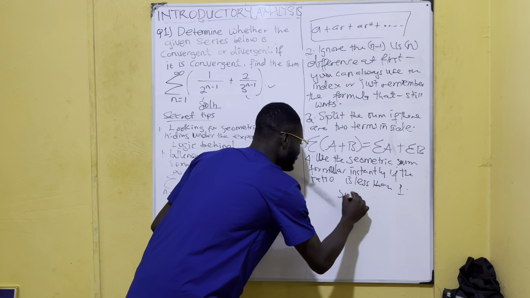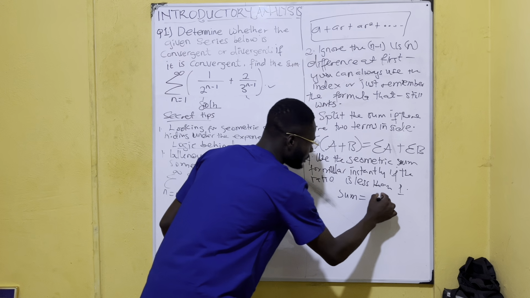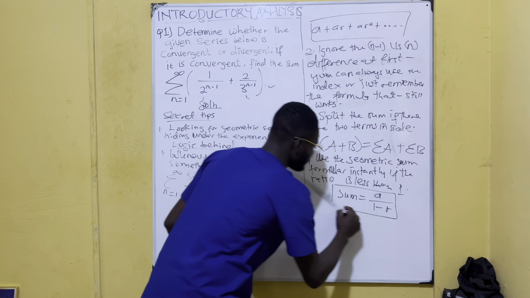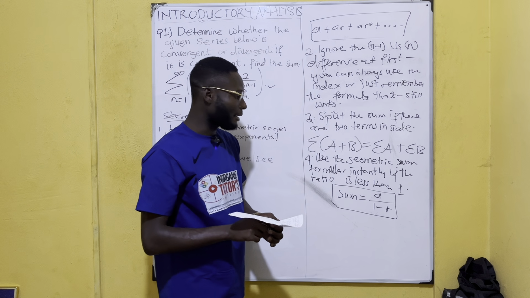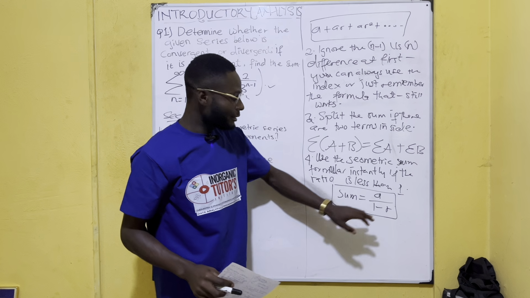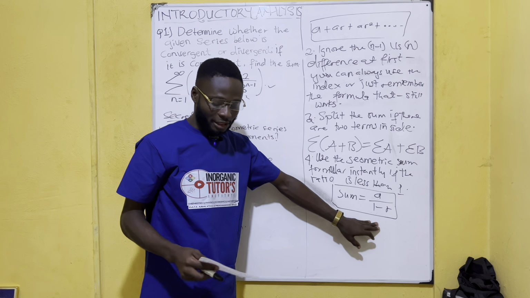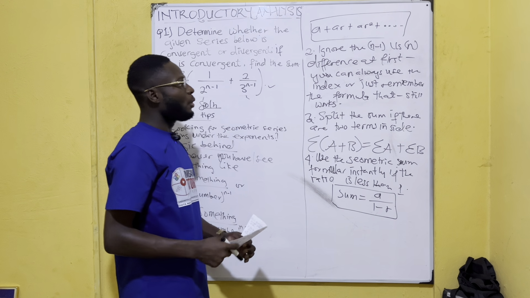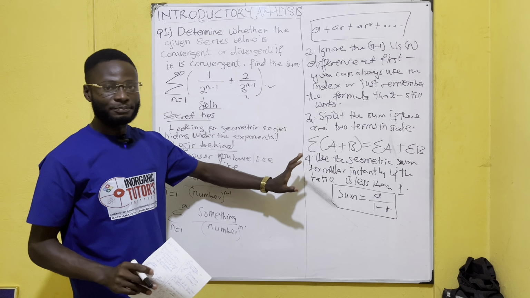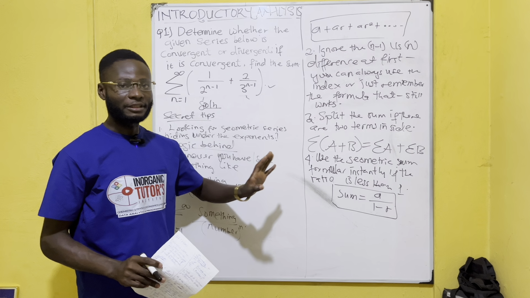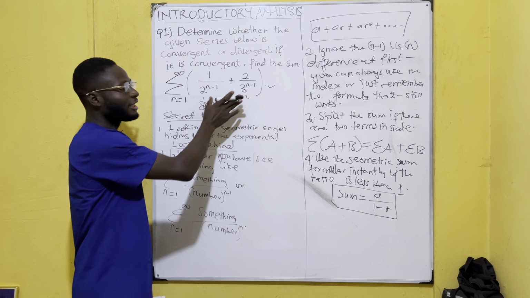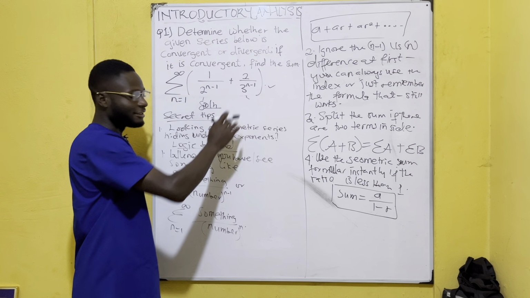That is, sum equals a over 1 minus r. That is the geometric sum formula. So if the ratio is less than 1, then you can use this formula. Now, we have gotten all the tips that we need in a geometric series problem. So, let's consider the problem at hand and start to deal with it.